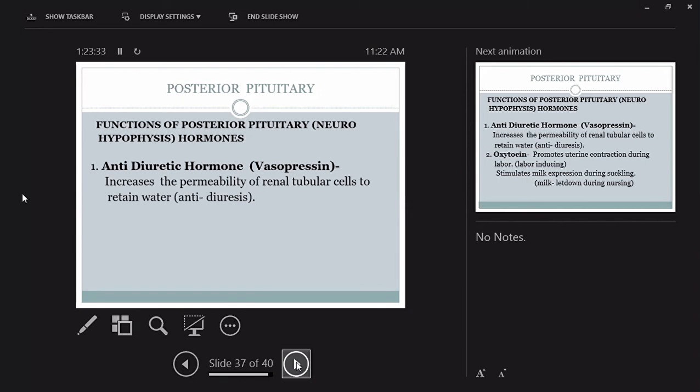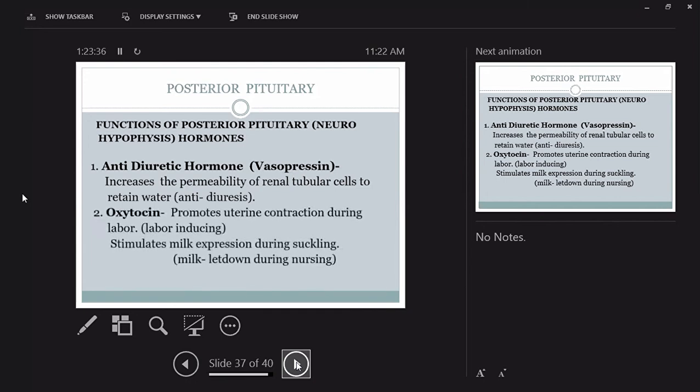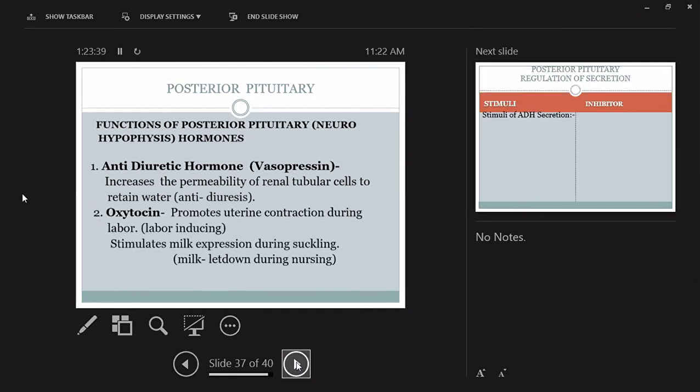So antidiuresis. Your oxytocin promotes uterine contraction during labor when the pregnancy is in full term and the mother starts to undergo labor to deliver the full term baby.